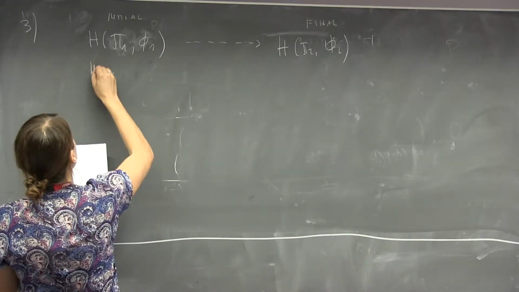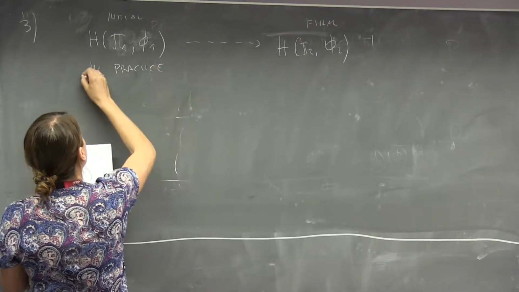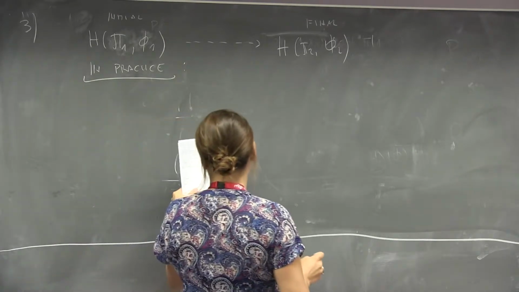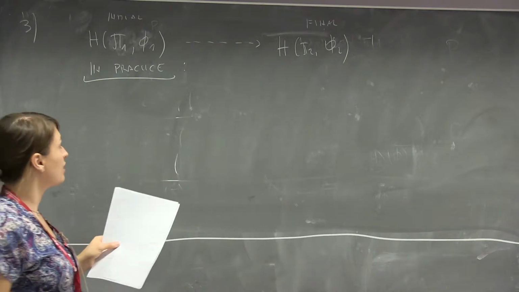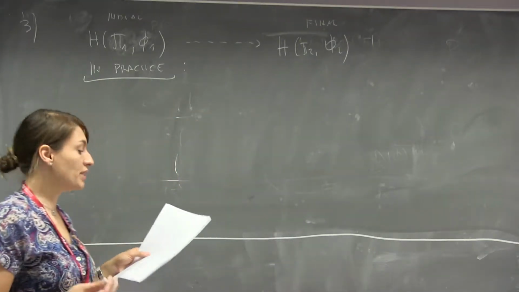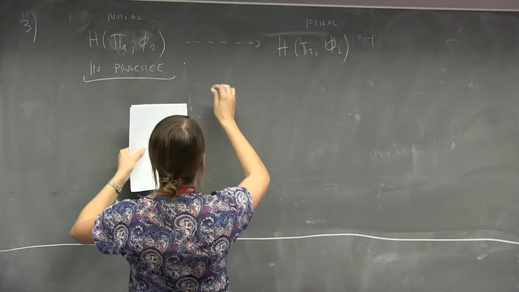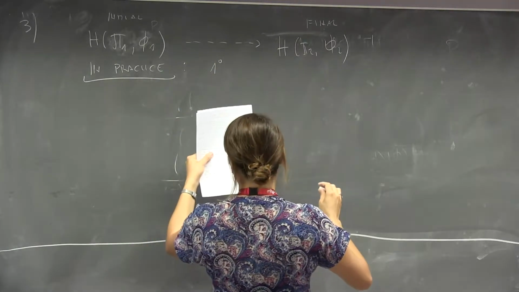In practice, this probability for acceptance is implemented in the following way. If you've done Monte Carlo simulations of spin systems, you've probably seen this. If not, let me remind you how it's done.